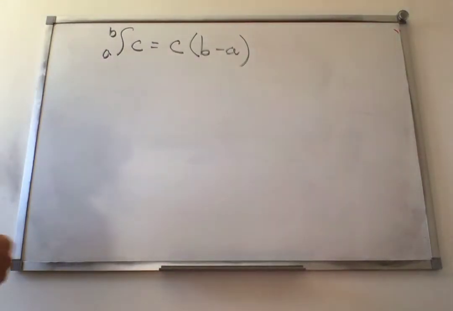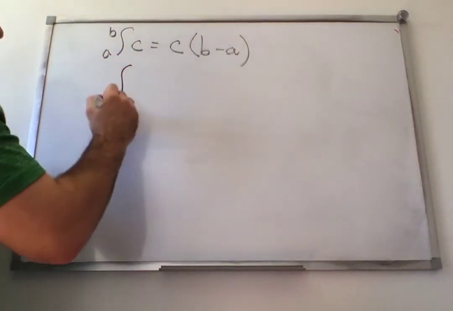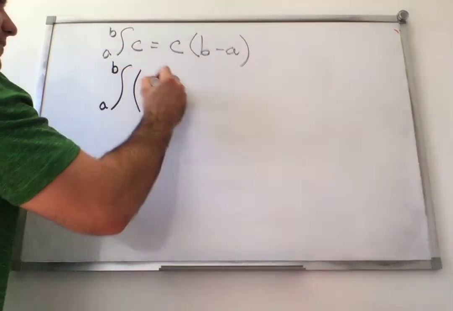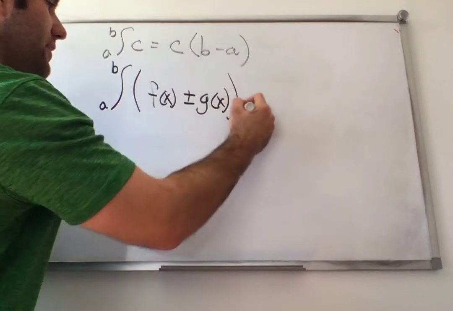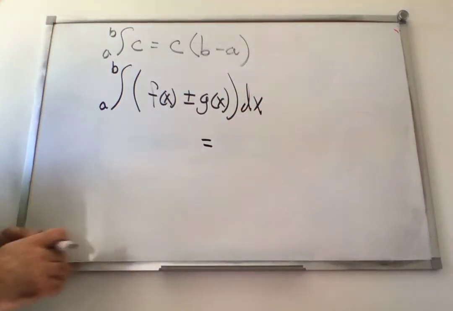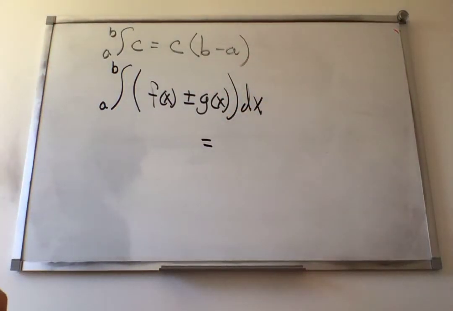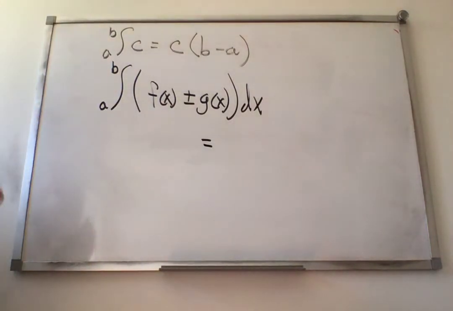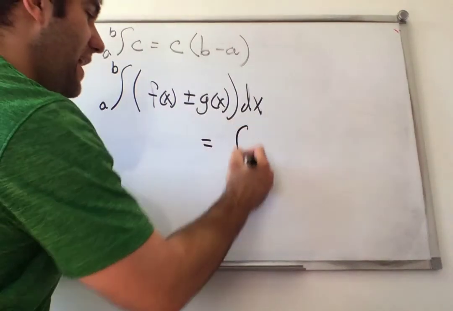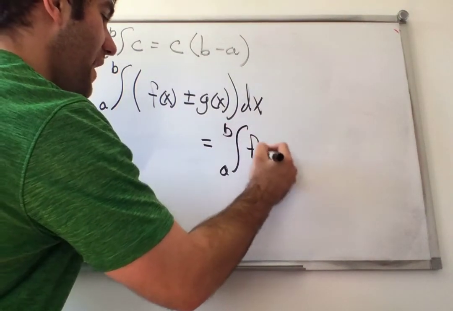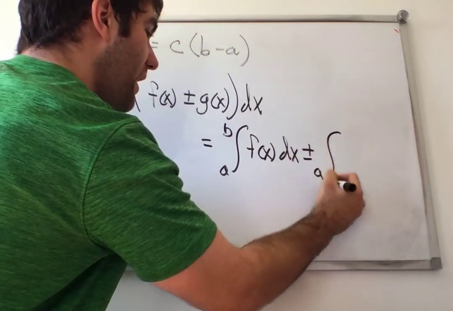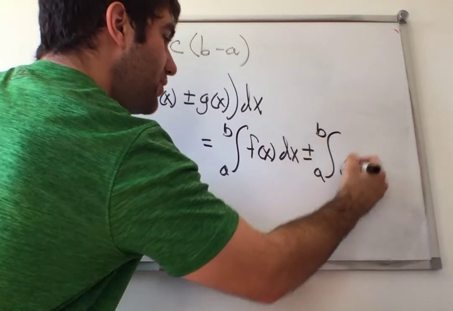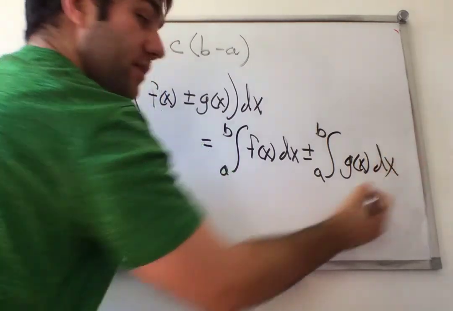The second property says the integral from a to b of f of x plus or minus g of x dx is equal to, now in your book they split this up into a separate property, one for plus, one for minus. I just group them together, plus or minus. What this is saying is the integral from a to b of f of x dx plus or minus the integral from a to b of g of x dx.